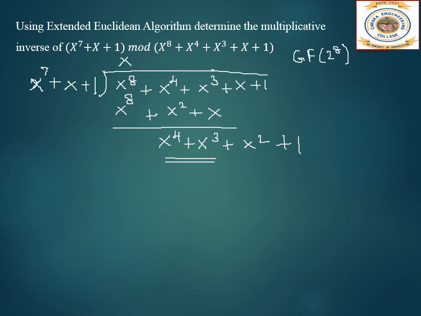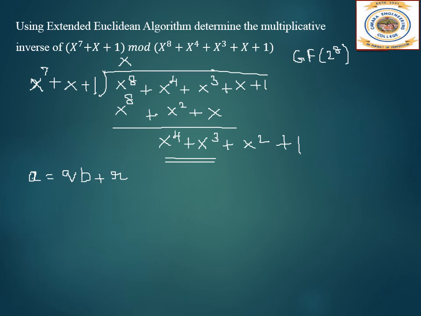Now we have to go to the next stage of division. But before that, let us write this, since we are applying the extended Euclidean algorithm. Let me write it in the form A equals quotient into B plus remainder, using the division algorithm.